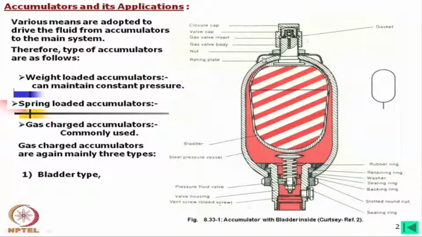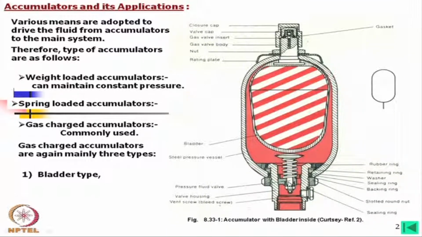This is the fitting of the valve on the steel vessel. Then there is a rating plate, by tightening which we can make it leak proof with a gasket. Of course, a gasket is there, and here is also a gasket. This is for charging the gas inside. Now, if we look at the bottom side, there we will find the pressure fluid valve.